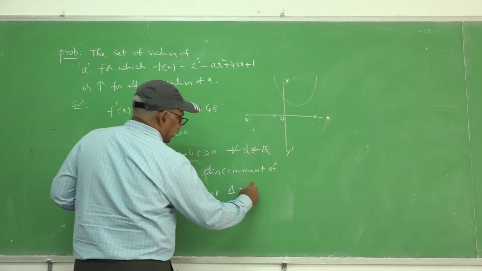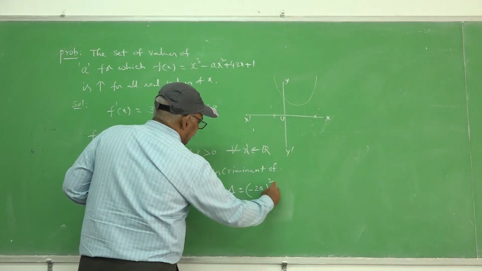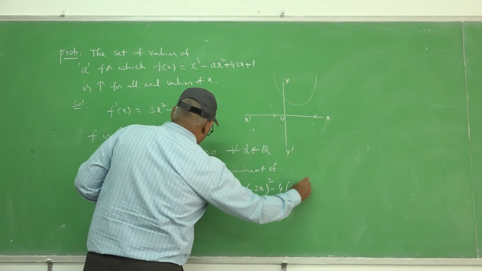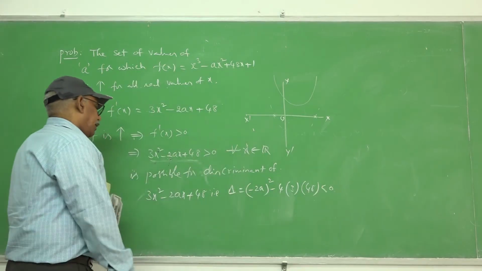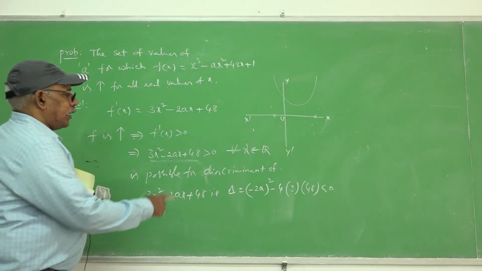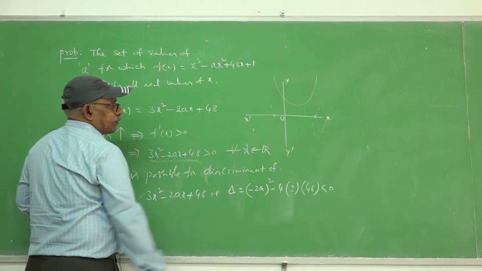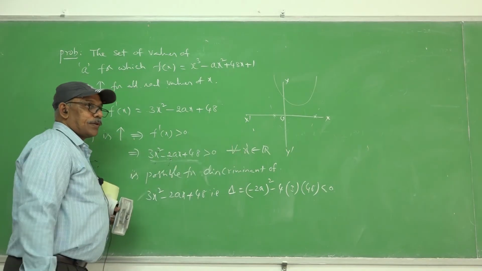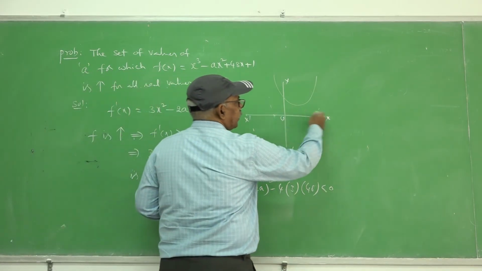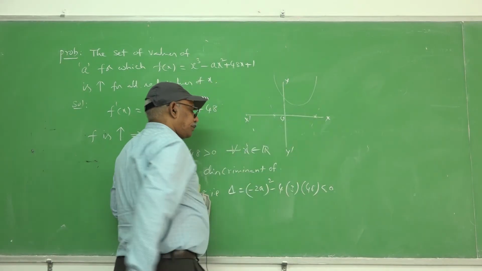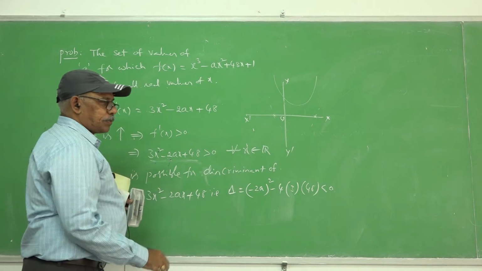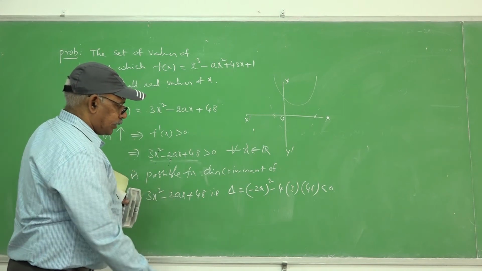That is, minus 2a whole square minus 4 into 3 into 48, which is negative. So this inequality follows for all real values of x. For all real values of x means whatever may be the value of x, the graph is completely above the x-axis because it is positive. Hence, that is possible whenever delta is less than 0.